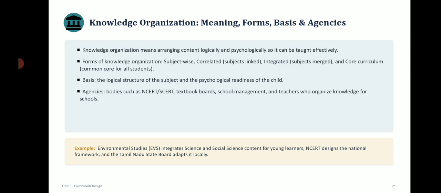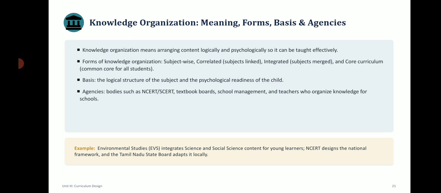Same goes like this. Now, role of the Tamil Nadu Textbook Corporation in organization of knowledge. The Tamil Nadu Textbook Corporation is the academic wing of the Department of Public Instruction because it acts as the leader of school education and undertakes the responsibility of improving the quality of education.